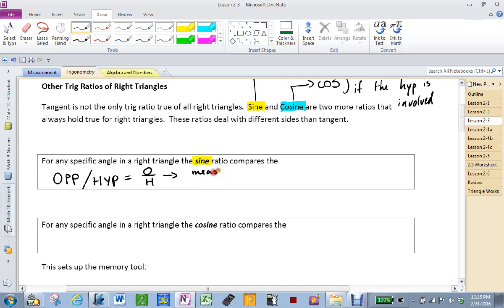It is the measurement across from theta divided by the measurement of the hypotenuse.